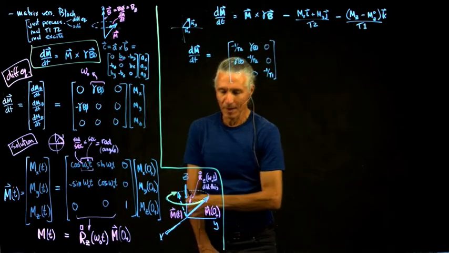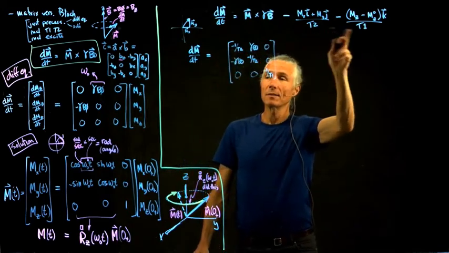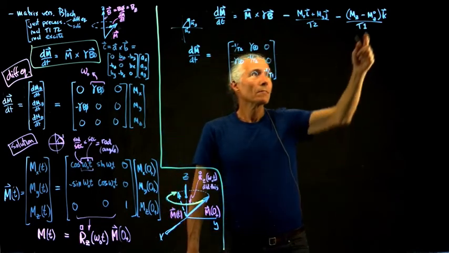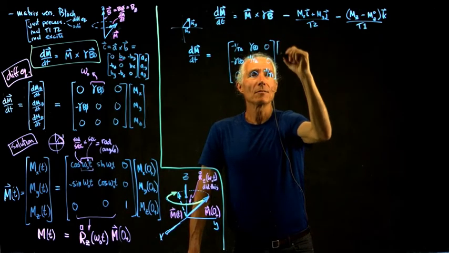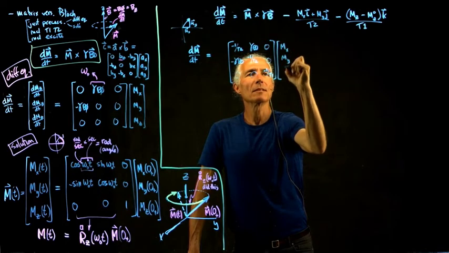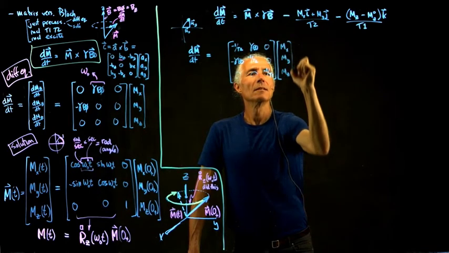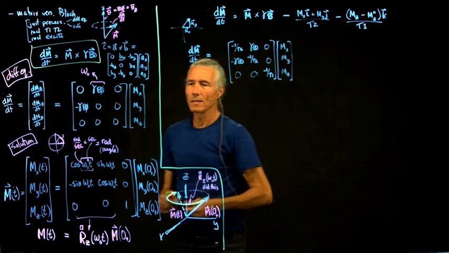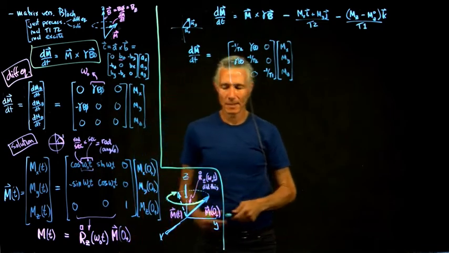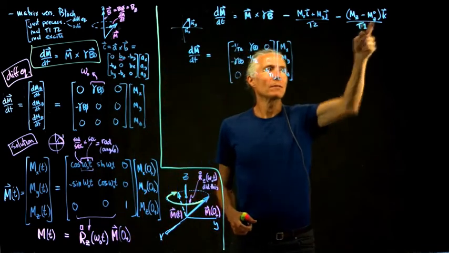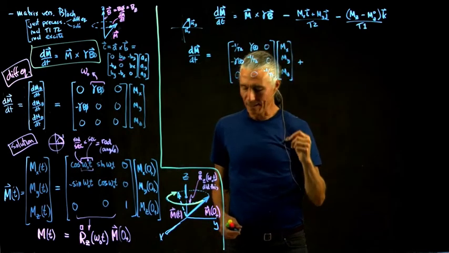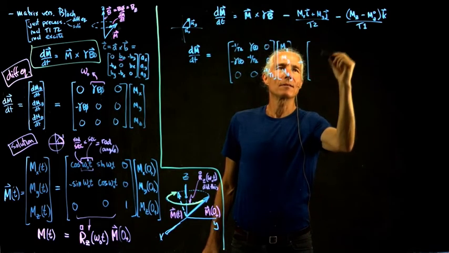Okay, so now what we've done is we've basically built in all of these things. We haven't got to where you get the minus part. So now we're operating on the same vector we were operating on before, whatever the current state of the magnetization is, the XYZ components of that. But now we have to deal with that constant. The way we deal with that constant is we add on another vector.